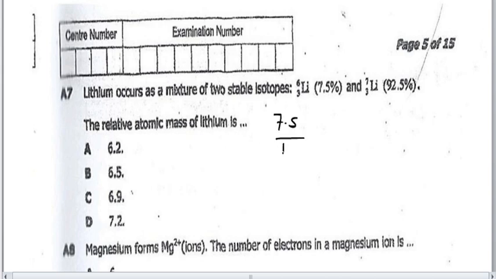To get rid of the percentage, you divide by 100, multiplied by its mass. The mass is the one on top. The mass is 6. Now this, we add it to the other percentage, which is 92.5. We divide by 100, so the percentage is gone, multiplied by the mass, which is 7.